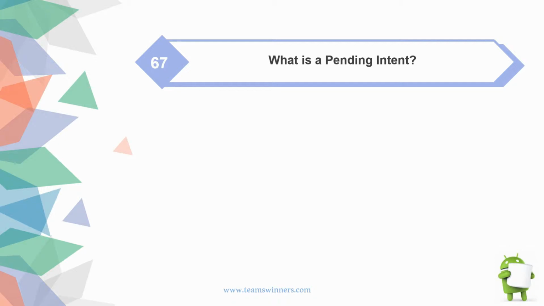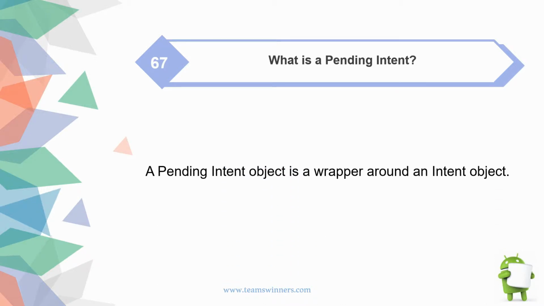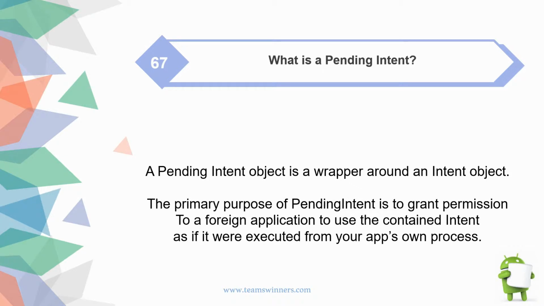What is a pending intent? A pending intent object is a wrapper around an intent object. The primary purpose of a pending intent is to grant permission to a foreign application to use the contained intent, as if it were executed from your application's own process.